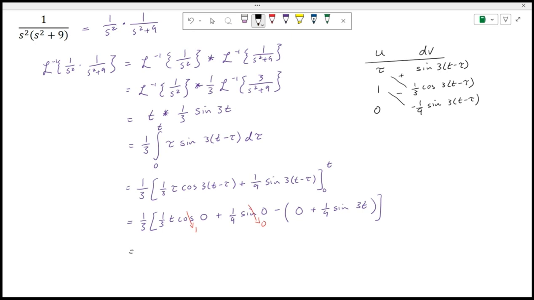That's going to give me a 1/9 from the first term, minus 1/27 if I distribute the 1/3, sine of 3t. And there's my answer for that original inverse Laplace of 1 over s squared times s squared plus 9.